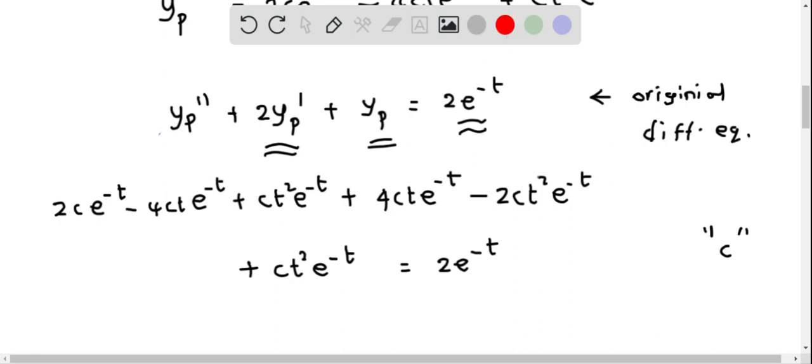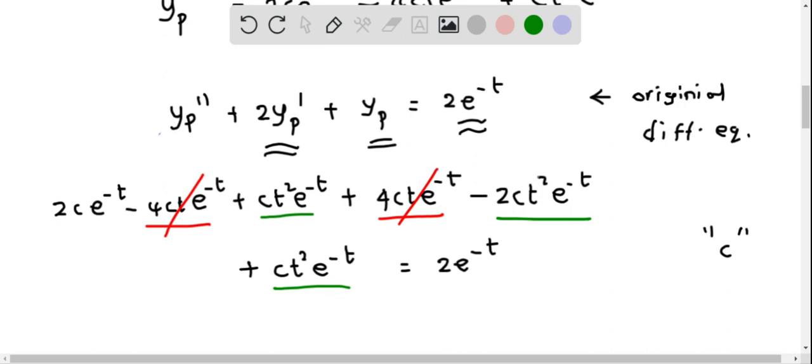So let's look out for some like terms, group them, and simplify them. We have negative 4ct e power negative t, and this one 4ct e power negative t. This is positive and negative, so they cancel out each other. And also we can combine these like terms, that is we have ct square e power negative t and one more ct square e power negative t, which gives 2ct square e power negative t, and we already have this negative 2ct square e power negative t.